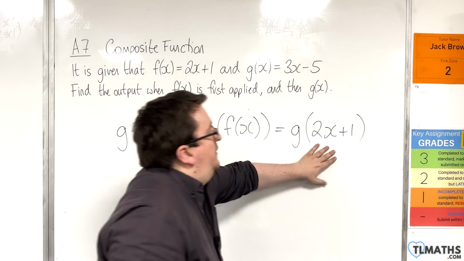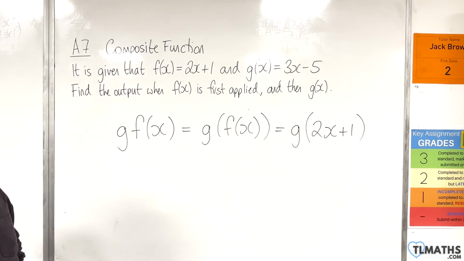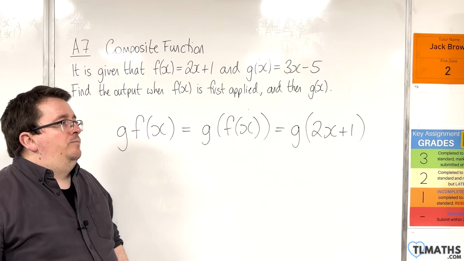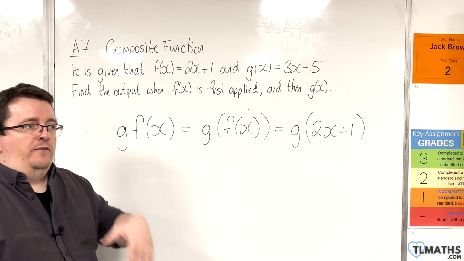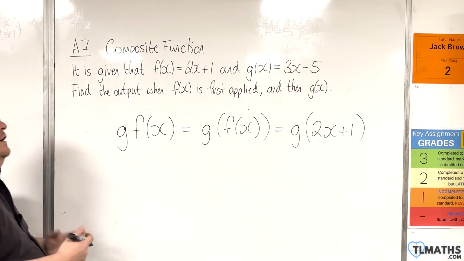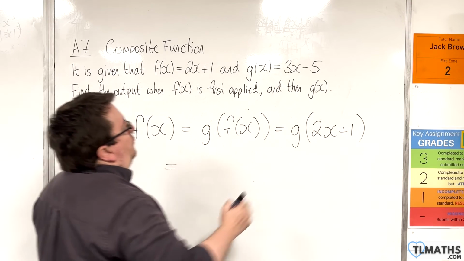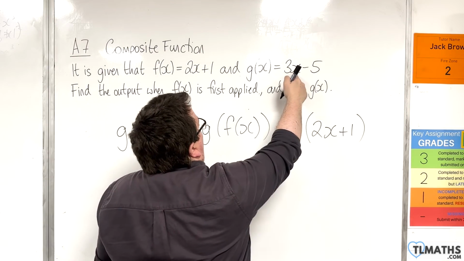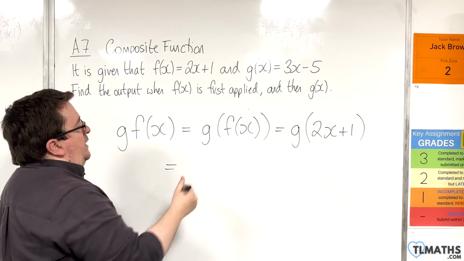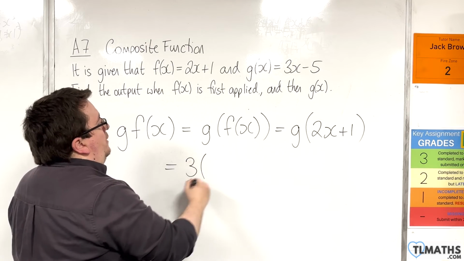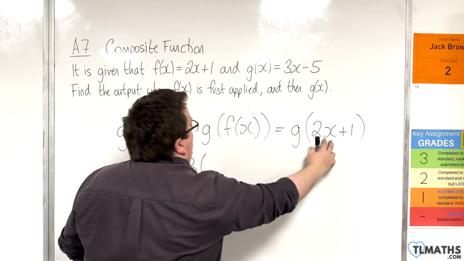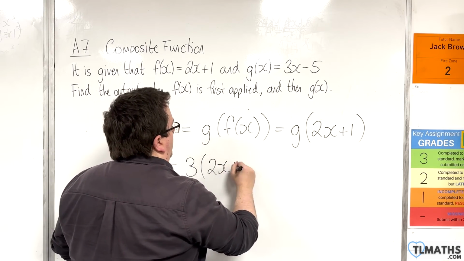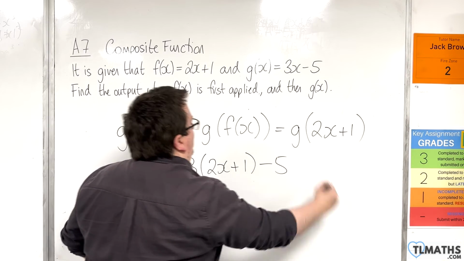Now we've seen this before because we've evaluated functions algebraically. We've changed up the algebra and plugged that in. So 2x plus 1 is replacing the x in 3x take away 5. So we have 3 lots of x, which is being replaced with 2x plus 1, and then we're subtracting 5.